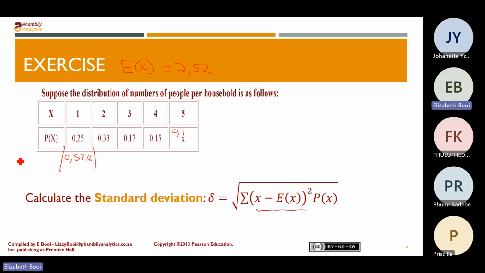So what did I do? I said x minus the expected mean, squared, times its corresponding probability. That's what I did, and I'm going to do it for all of them.